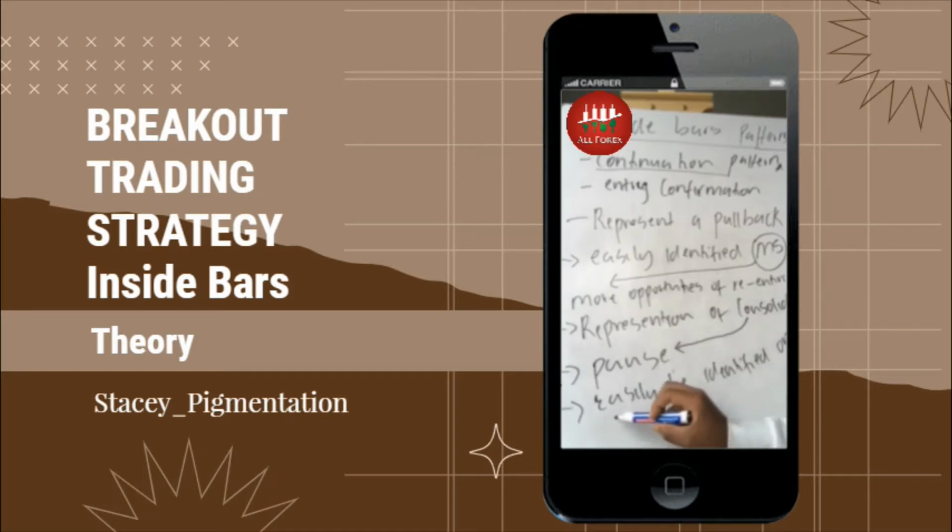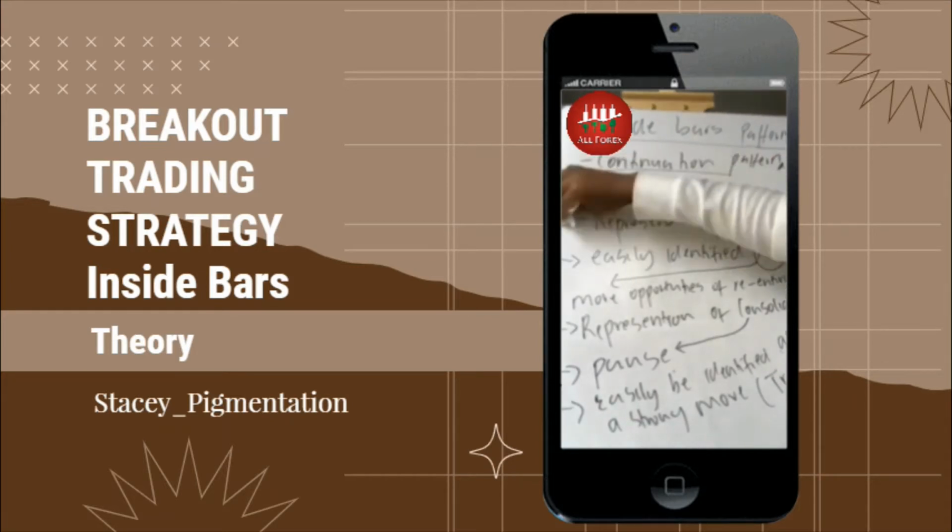It can easily be identified after a strong move. So remember, a strong move is a trend, and in the previous session I was explaining how I understand a trend. I'll just delete what is up here. I believe you took notes.